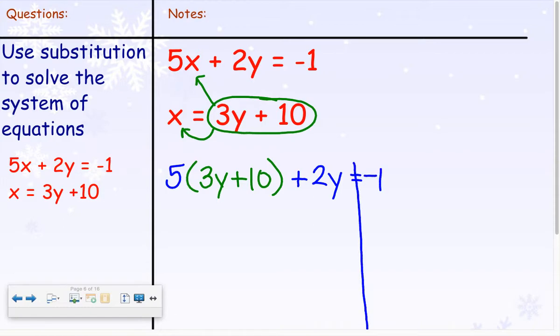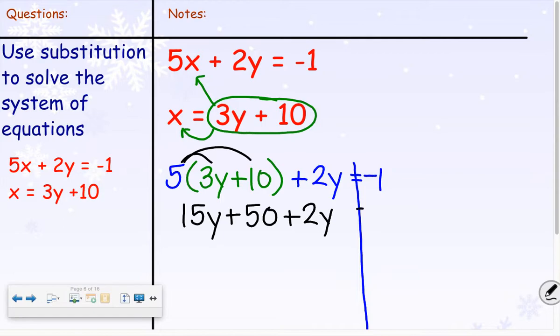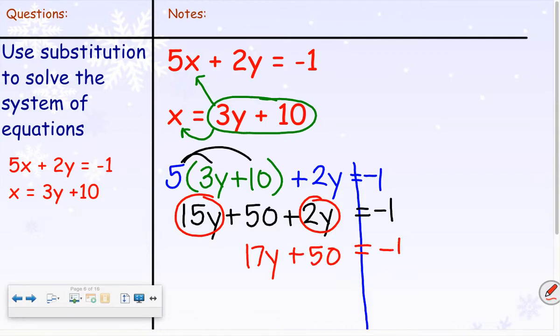All right, so I'll start by checking to make sure I only have one variable. I do. Distribute. So 15y and 2y make 17y. Minus 50 on both sides.